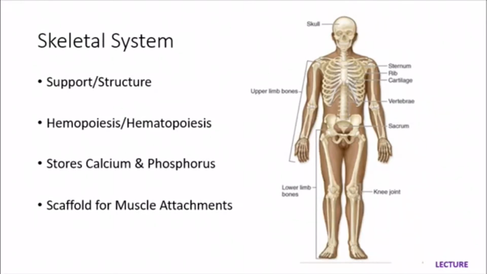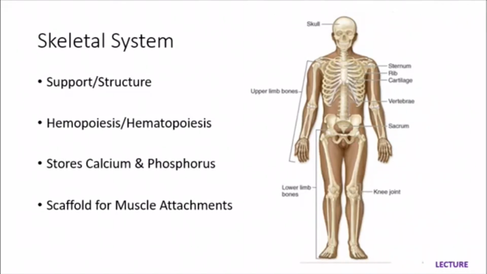Hemopoiesis and hematopoiesis. Hemopoiesis means production of blood cells. Technically, hematopoiesis is the production of white blood cells. You probably add in there erythropoiesis, which is the production of red blood cells, which occurs in the bone marrow. We're going to store lots of calcium and phosphorus for the body.